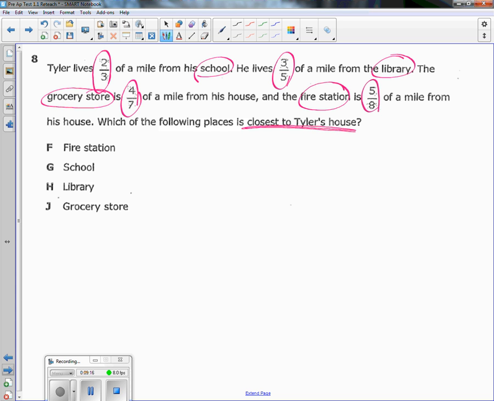So let's think about it. If it's closest to Tyler's house, that means that it has to be the shortest distance. So the shortest distance is going to be our smallest fraction. That logically makes sense. So let's see, I'm going to write them all down in order.